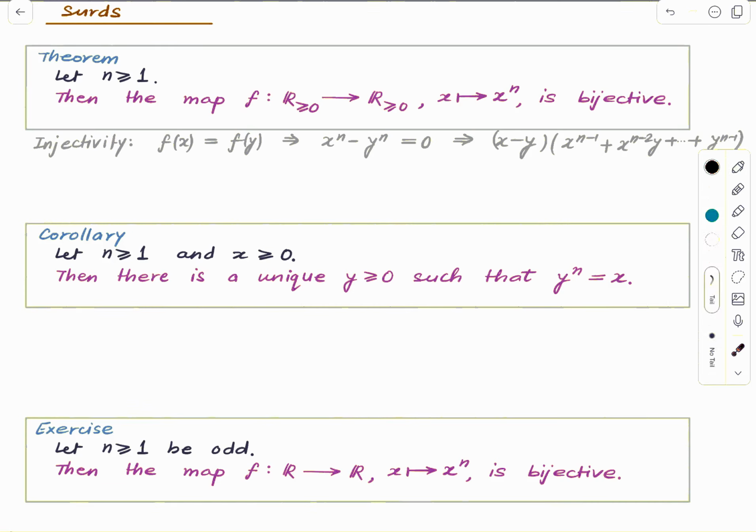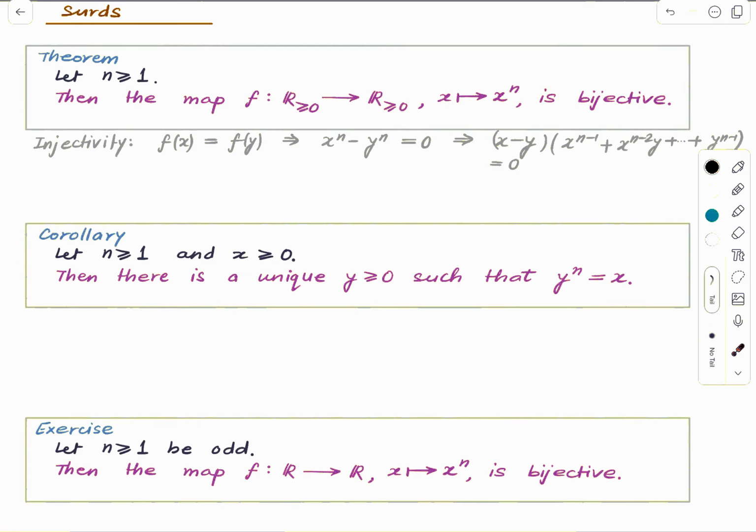So I'm just using the factorization of this. As long as x and y are both non-zero, or at least one is non-zero, this will be positive because we are using only non-negative reals. So if x and y are both 0, then there is nothing to do, x is already equal to y. So let's assume at least one is non-zero, and hence this is positive. But the product being zero therefore implies that this part must be 0. So I forgot to write that this thing is equal to 0.